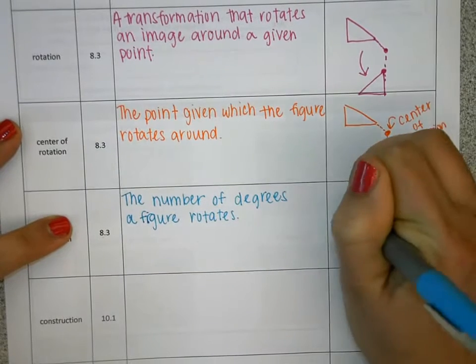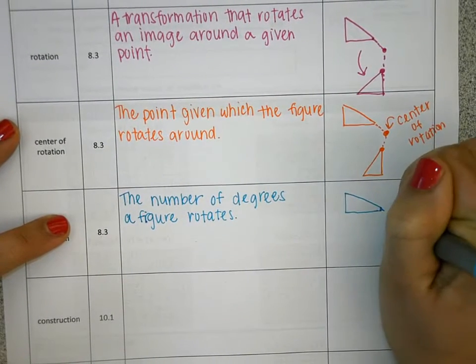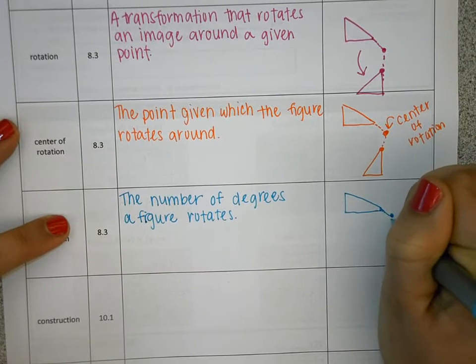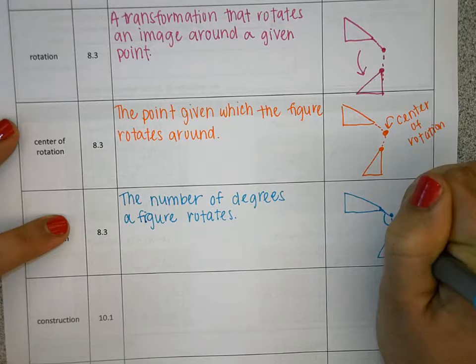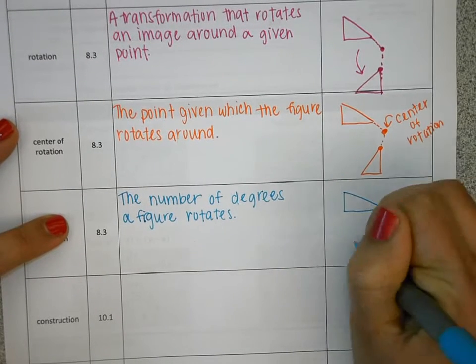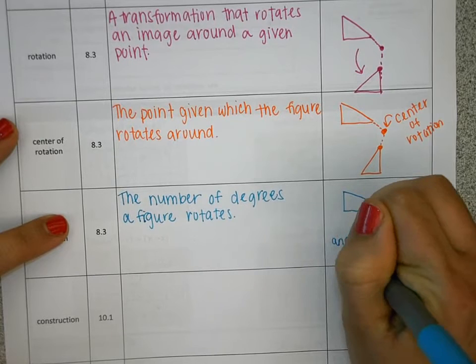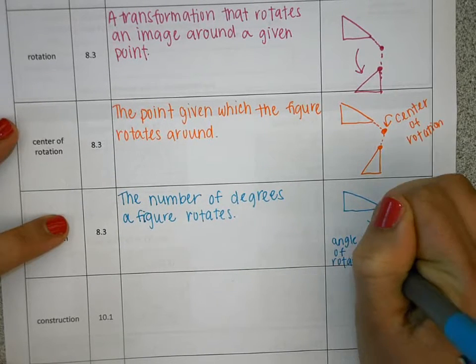Okay, so in our example last time, that's your angle of rotation. So however many degrees we rotated it.